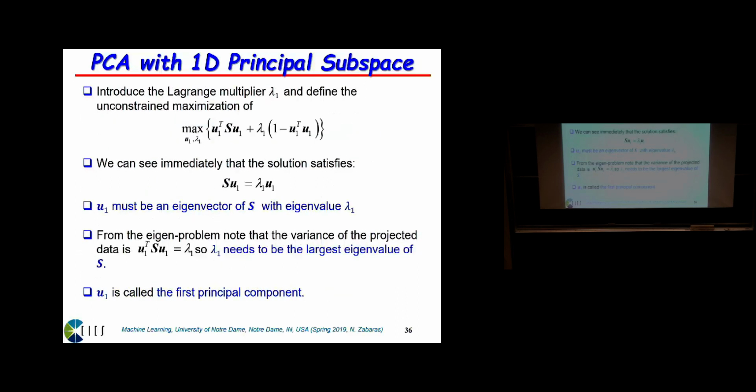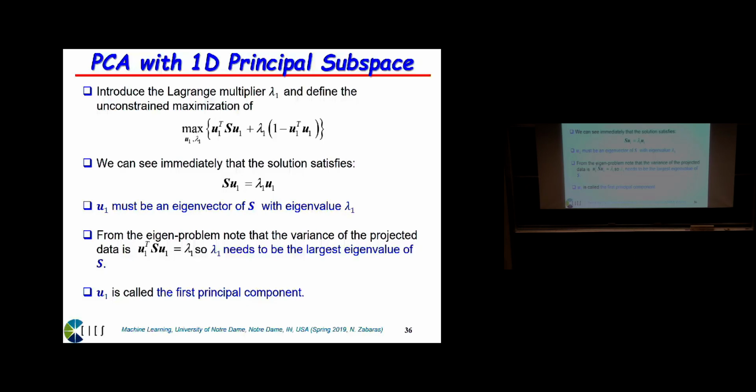So you have seen this problem on the top, right? These are Lagrange multipliers. If you take derivatives with respect to lambda 1, you get the magnitude of U1 equal to 1. If you take derivatives with respect to U1, what do you get? You get S times U1, and then you get lambda 1 times U1. So that's an eigenvalue problem.